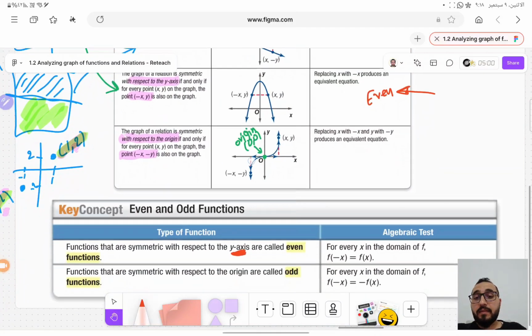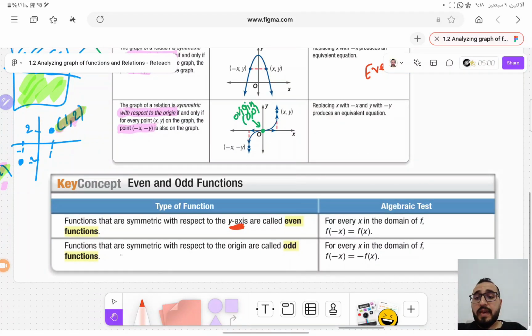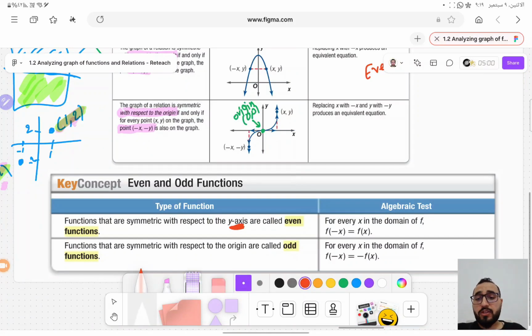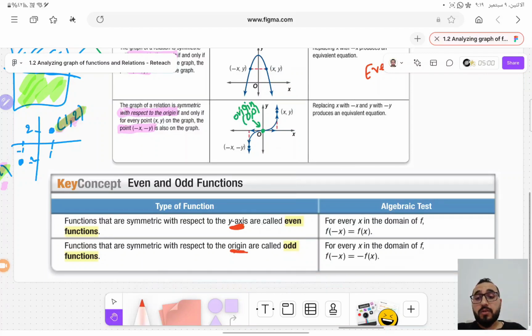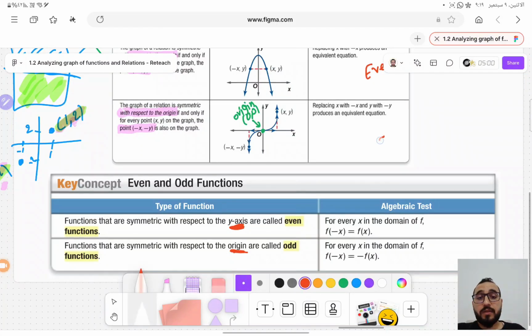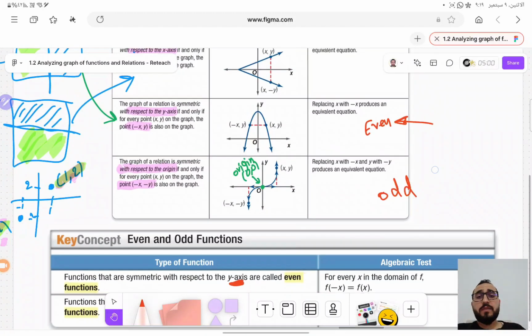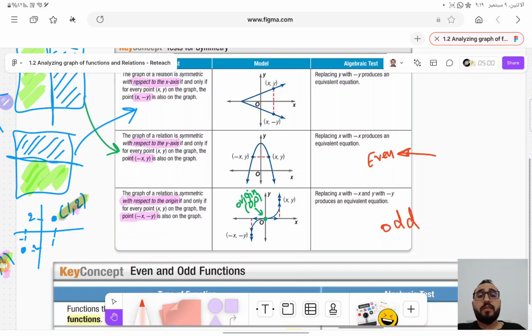Functions that are symmetric with respect to the origin are called odd functions. So this one, with respect to the origin, should be an odd function. Maybe some of you will ask me, teacher, how about with respect to the x-axis?